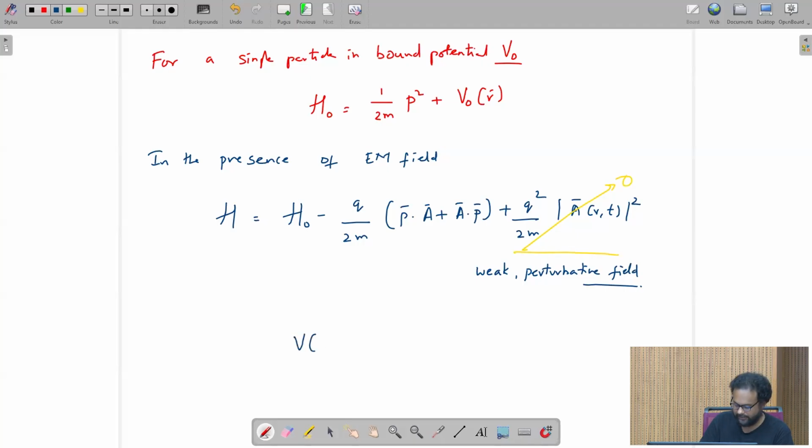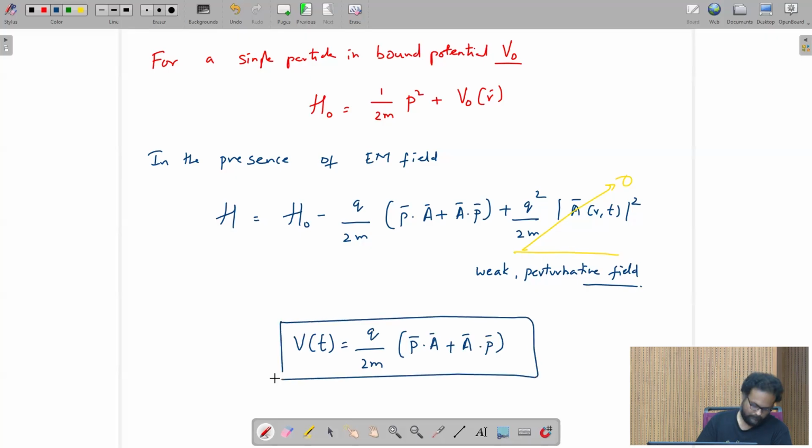See, my V of t, now that I'm in the interacting field, is some q over 2m v dot a plus a dot v. So this is still classical. We have not figured out the final quantum form. I dropped also the negative sign because it's a charge. Okay, fair enough.